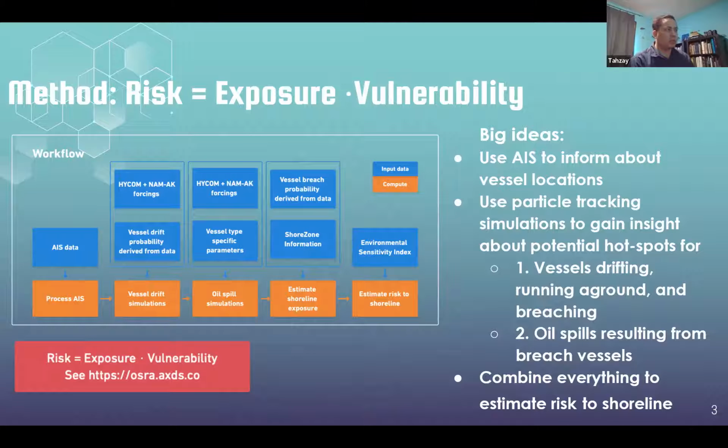And feeding into those were the forcings that we would get from both the weather in terms of wind driving forces and your ocean currents as well. And then you had to look at, well, from a windage standpoint, how is this vessel going to drift? And vessels are all different, cargo vessels versus tankers, et cetera. So there's a lot of complexity that goes into that input data and the computational component, but everything was combined ultimately to try and look at the risk to the shoreline.